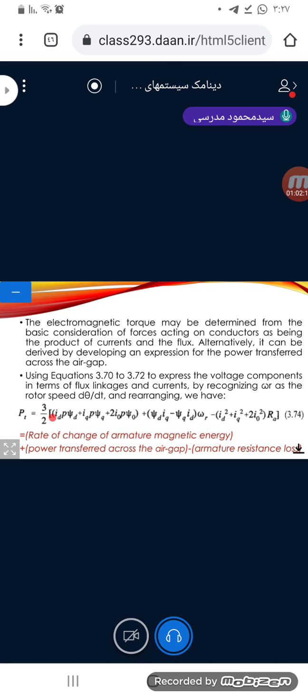It is equal to this equation. This is the rate of change of armature magnetic energy. This is the power transferred across the air gap, and this is the armature resistance loss.